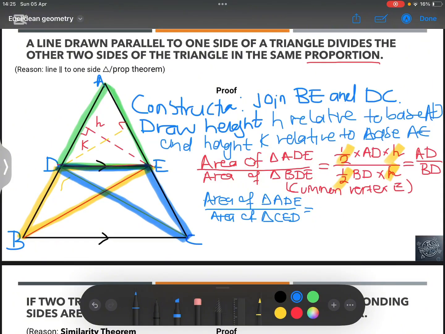Then the area of triangle ADE, we're going to have 1/2. Then what will be our base?